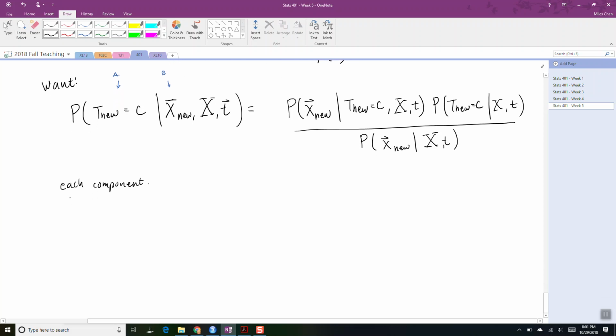All right, let's talk about what this means. The probability of x nu given t nu.